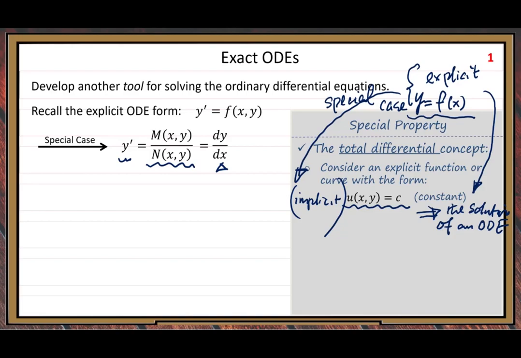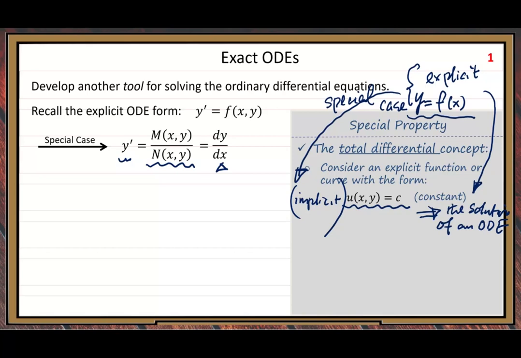So now we want to enlarge the possibility. Extend the solution format from an explicit form to an implicit form, so we can cover more cases and do more than before.